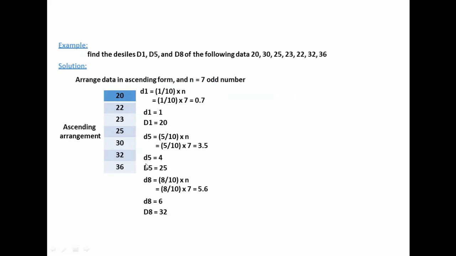Similarly for D5, 5 by 10 multiplied by n is equal to 3.5, which is approximately 4. So D5 is 25 at the fourth position. For D8, the position is 5.6, which rounds up to 6. So at the sixth position we obtain 32.